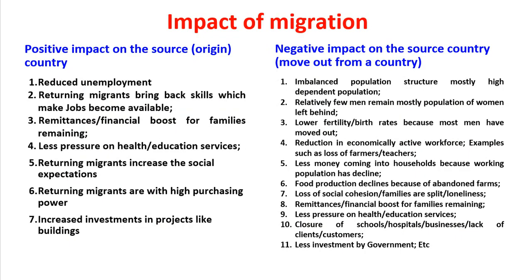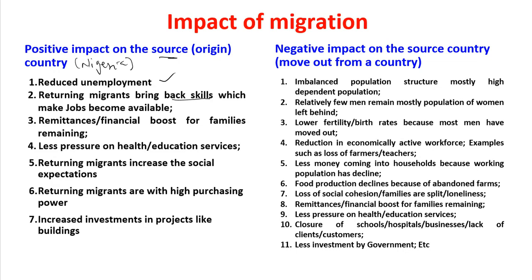So let's look at some of the impacts now. Impact of migration: positive impact in the source region. In this case, let's say people live in Nigeria. What will be the positive impact if people leave? Now, it will reduce unemployment. That's one. Returning migrants, when they come back, bring back skills which make jobs become more available.